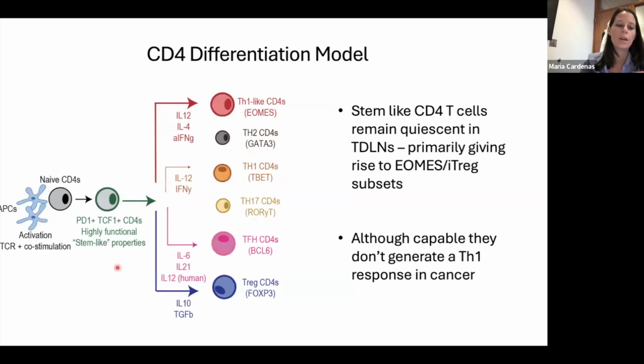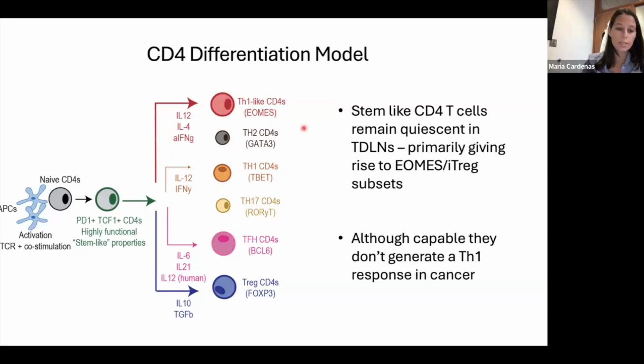It looks like we have a big population of maybe what we're calling stem-like, and I'll confirm that with some of the mouse data in the future, of these TCF1 positive CD4s that are really functional. They can both proliferate and they seem to be able to undertake pretty much any canonical lineage, but in the cancer response, based on what we find in the humans, it's really undertaking a Treg or this EOMs phenotype.